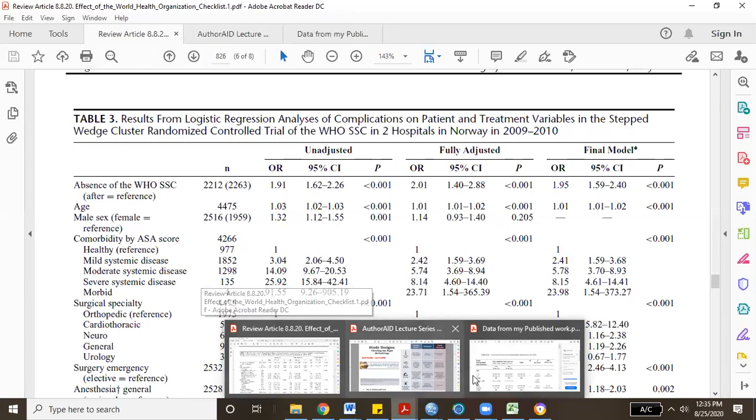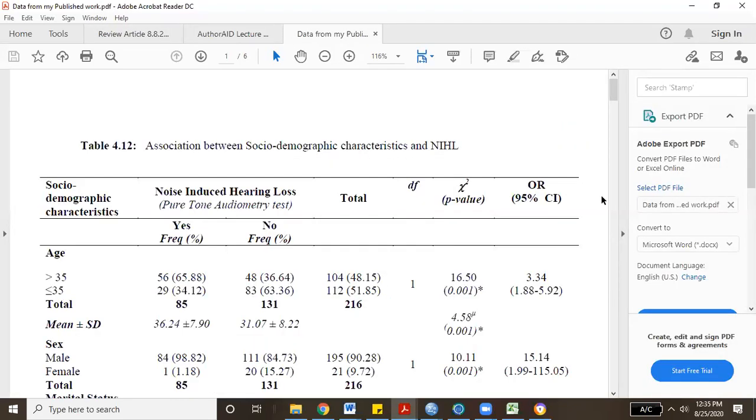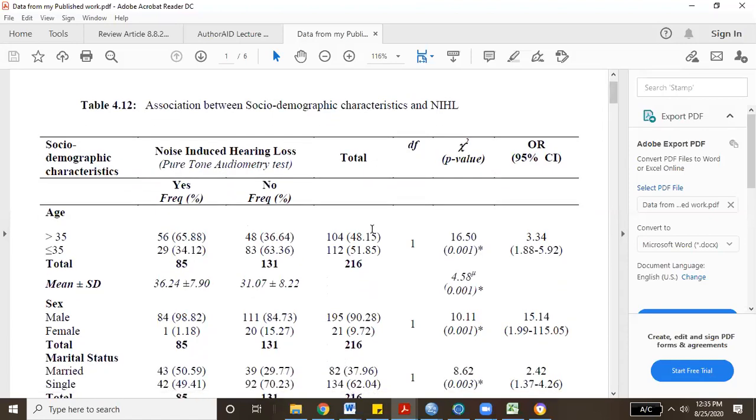So I'm going to open a table from one of my published papers where I did work on noise-induced hearing loss. The exposure was loud sound by music instrumentalists, while the outcome I was looking for was how many of these music instrumentalists that were exposed to loud sound came down with noise-induced hearing loss.